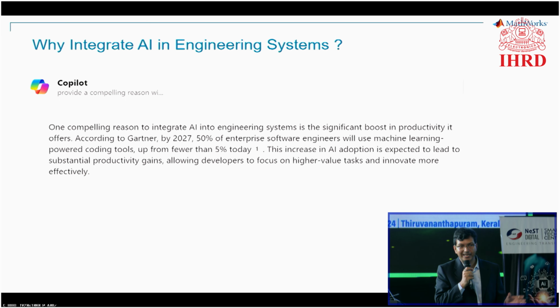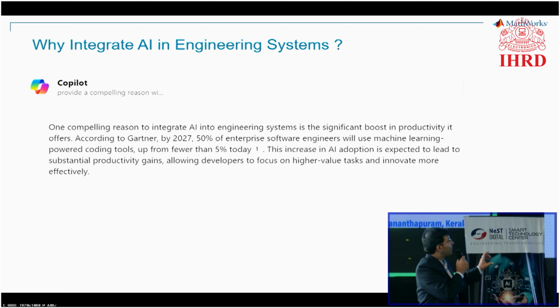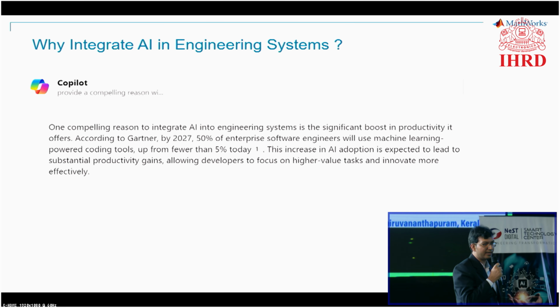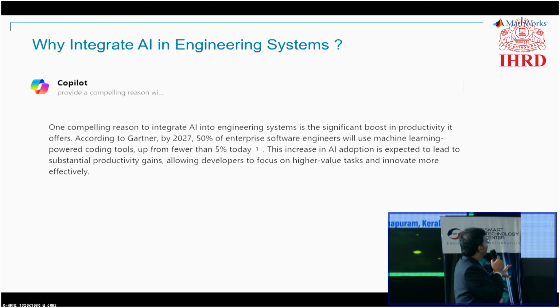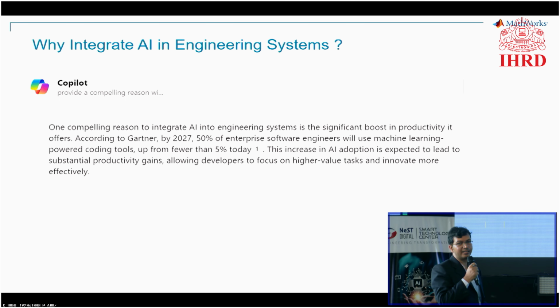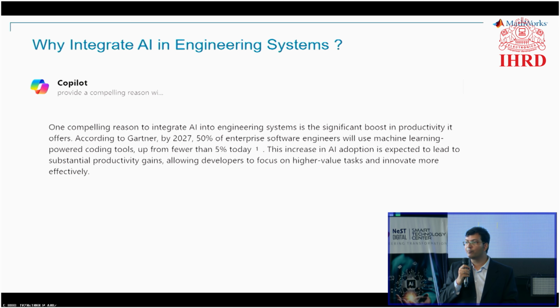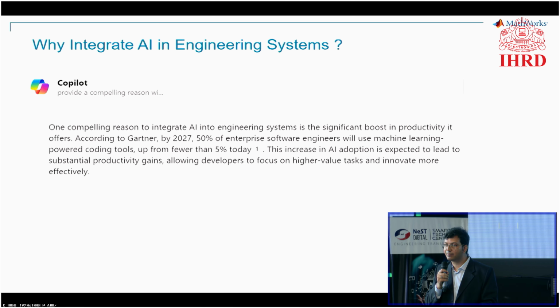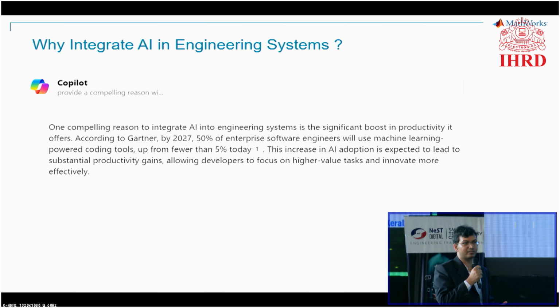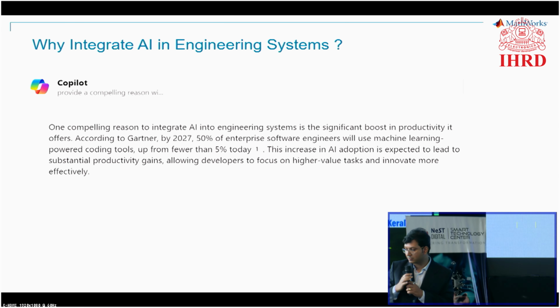Very interestingly, it throws up an answer. Some of the keywords is something we have heard over the past 2 days, right? If you look at here, usage of AI will help me with productivity gains, and it will allow me to work with enhanced systems. And as a person, as an engineer, I can focus on high-value tasks rather than repetitive tasks.